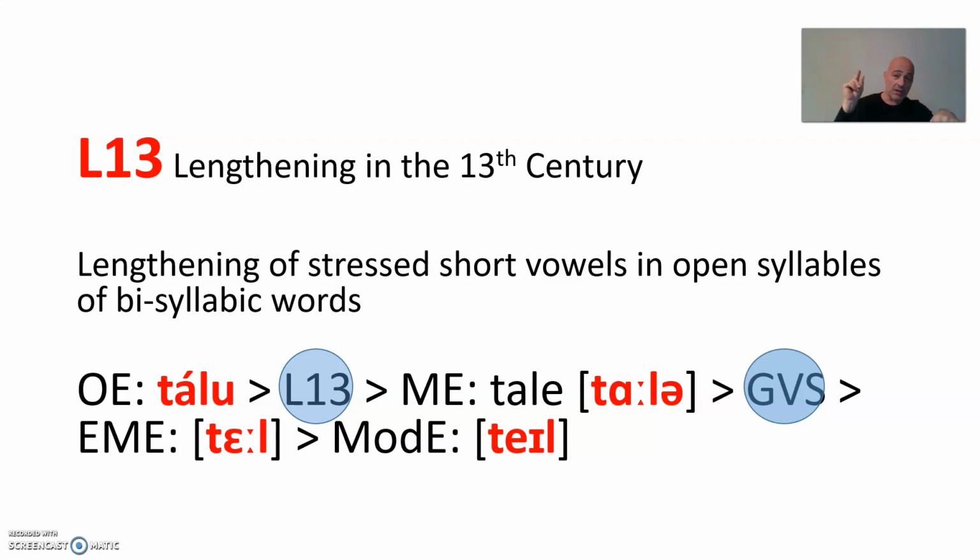Lengthened. And only because of that, it enters the Great Vowel Shift. So talu becomes tāl, and this goes into the Great Vowel Shift and becomes, first of all, the Shakespearean pronunciation, and then modern English tail.